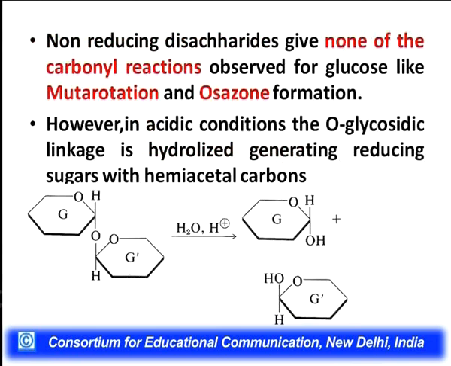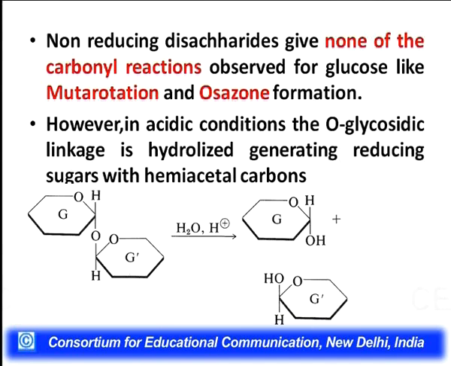But nevertheless, we can carry out the hydrolysis again in the acidic medium, and when we do so, it will break down into its monosaccharides, and it will regenerate the hemiacetal carbons, and we will get the reducing sugars.